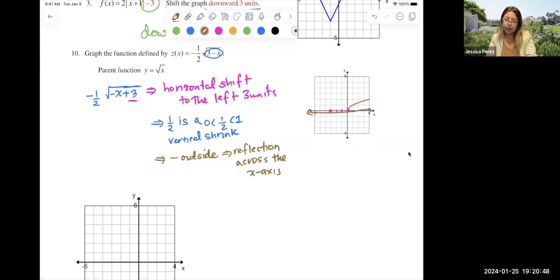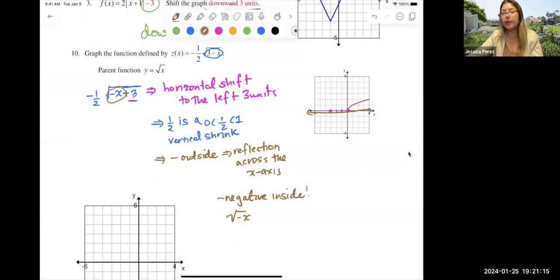But at the same time, there's a negative on the inside that tells me there's also a reflection, by the square root of a negative x. So that means that it's going to be both. In this case, what we want to do is be able to detect all these things.